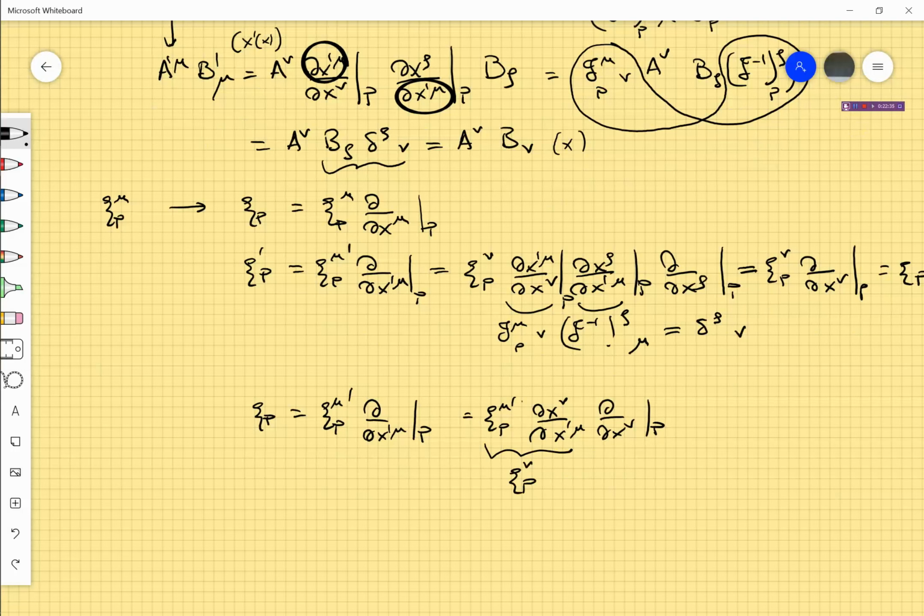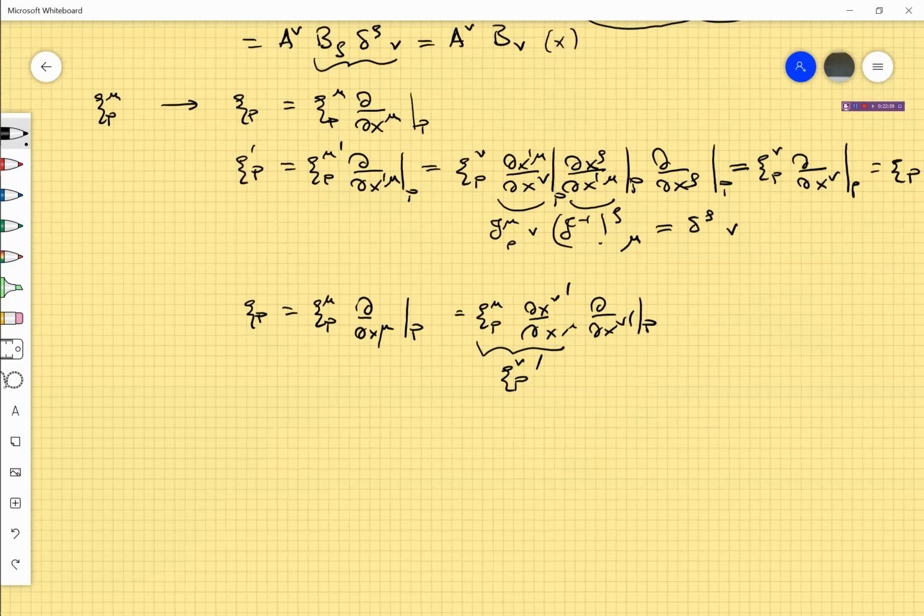If I do it without primes, then the prime would be here, and this would be psi mu prime. You don't need to remember all the details of the transformations. You just need to apply the chain rule to this operator. For differential forms, there is an analogous, I don't know what to call it, trick. So to these components, you associate an object that you just denote by omega p, and you write it in this way.